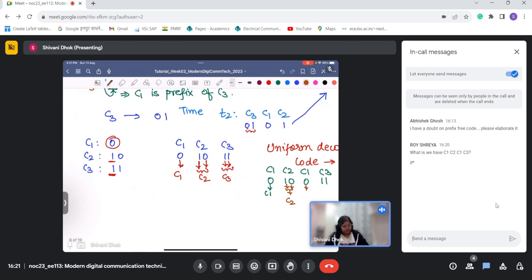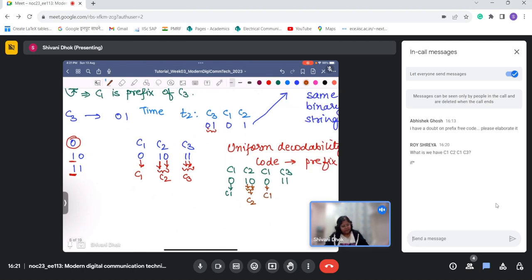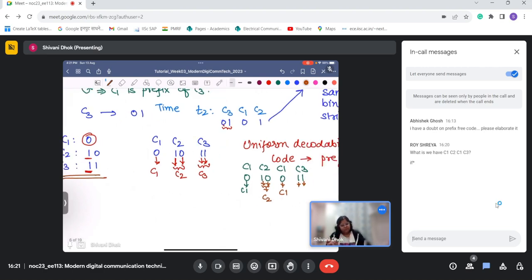It will decode it as C1. Now it will go to the fifth bit. It is 1. It knows that there are two code words which have 1 at its MSB. So it will wait for one more bit, and it is 1. So now the bit string that it looks at is 1 1, and it knows that this 1 1 corresponds to C3.